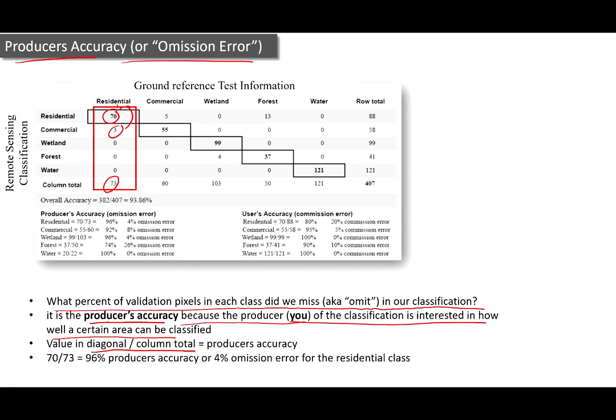The value in the diagonal is 70, and the column total is 73. It doesn't matter what we're calling it, really, but it is an important number. This 70 over 73 is 96% producer's accuracy, and 100% minus producer's accuracy equals omission error of 4%. So 4% omission error for the residential class.